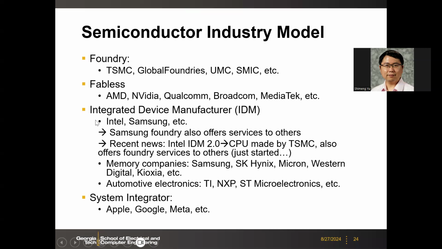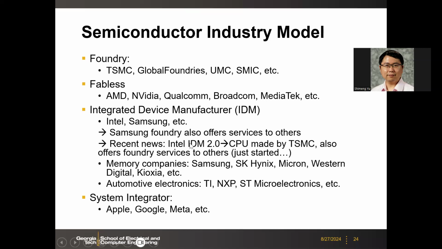And then there's a third category. This used to be the dominant one, but nowadays, fewer and fewer companies follow the IDM, integrated device manufacturing, model. In this case, Intel is the leading IDM. But of course, you may read the recent news. Intel is planning this IDM 2.0 strategy, which means Intel is actually going to be split in some sense into two subdivisions.